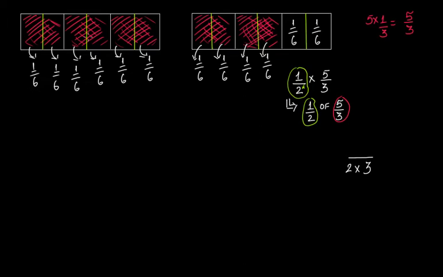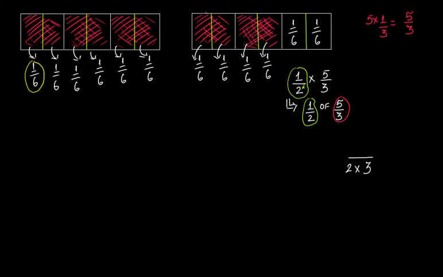Remember, this is 1/3, this is 1/3, this is another 1/3, another 1/3, another 1/3, another 1/3. Further divided into 2 parts, made each part this 1/6. But initially we had 5/3. So 5 equal parts, take out 1/6 from each 1/3.